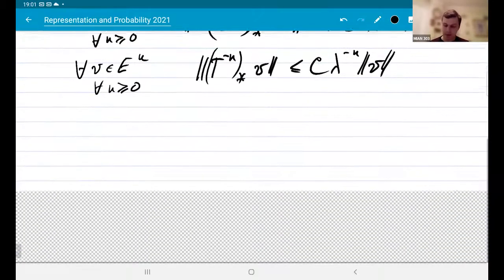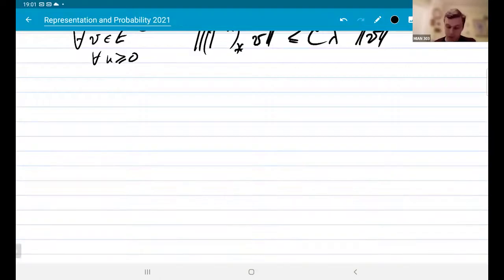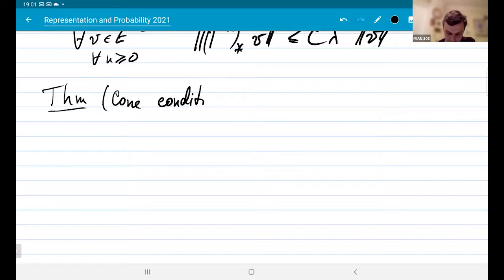Okay. So the corresponding result is the so-called cone condition. There exists a field of cones.